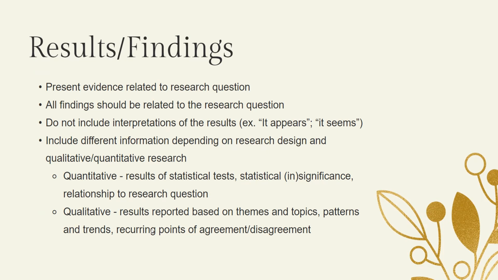For qualitative research, you'll most likely write about your results based on themes or patterns in interviews or in the literature, if you're doing a systematic literature review or just a literature review.